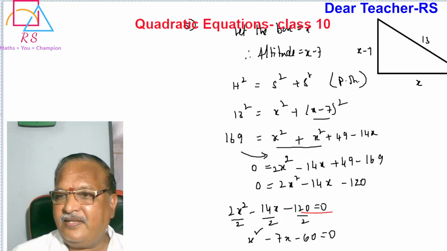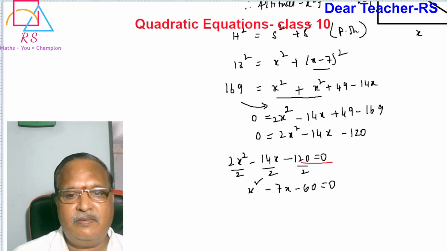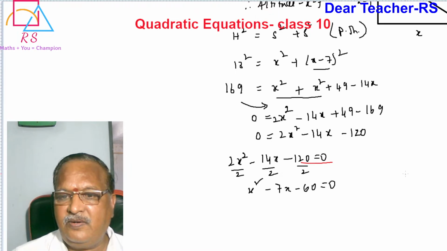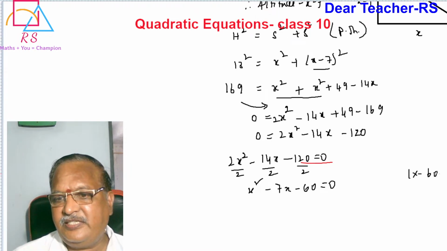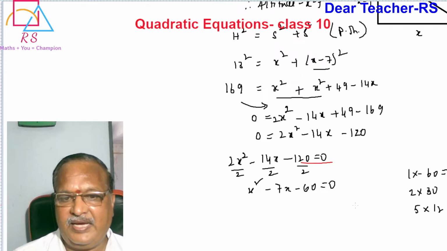So now find the factors by splitting the middle term. Here 1 into minus 60, 2 into 30, and 5 into 12, difference 7.